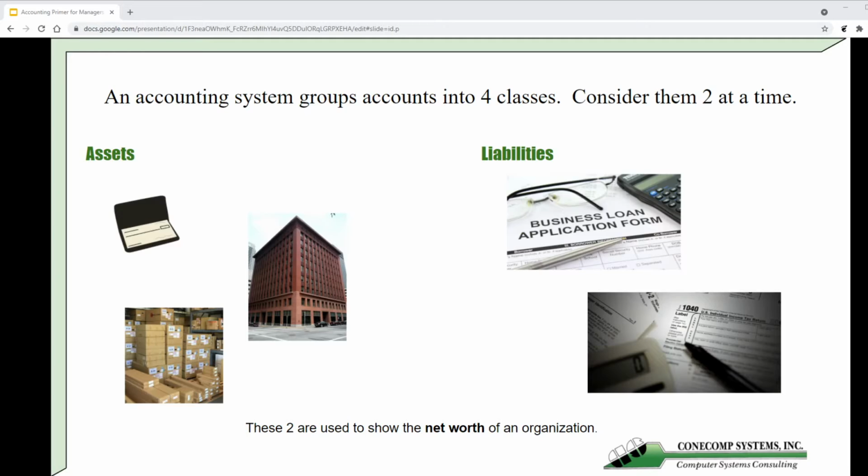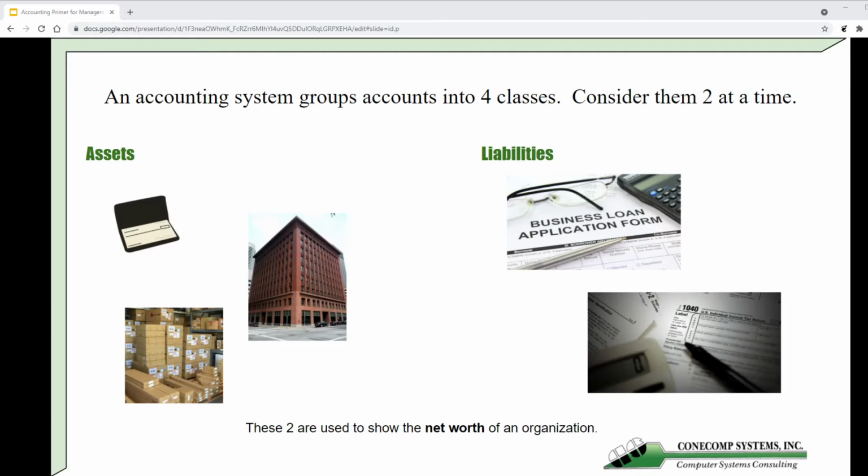You have assets in your personal life, and they're very similar to those in a business. You might have a checking account, or you might own a building. Now, similarly, an organization, a business, or a government office may have inventory also. Again, these are assets in the normal sense of the word, and they're assets in the sense of accounting also.